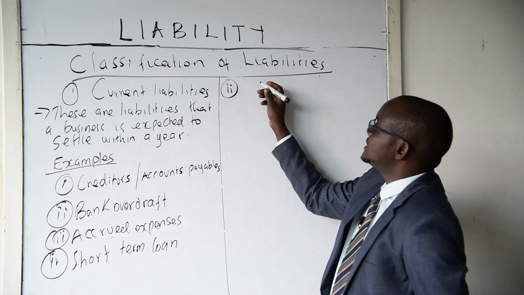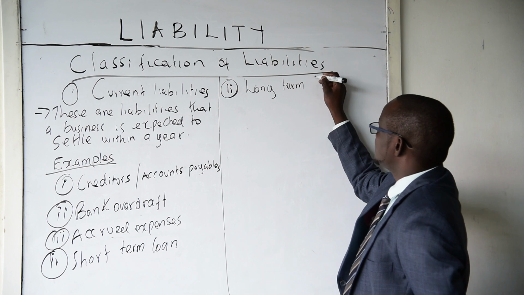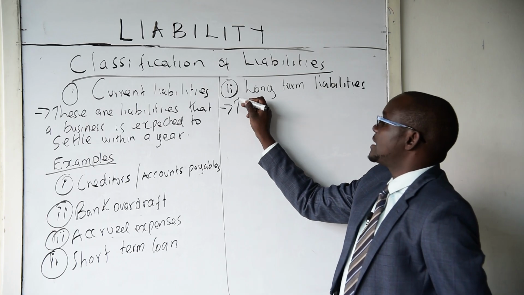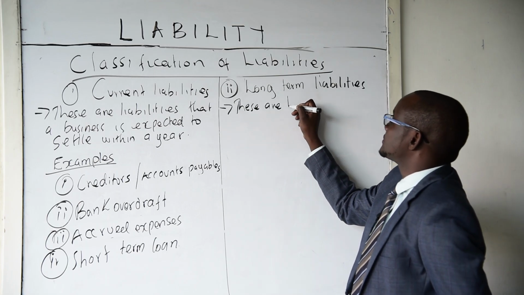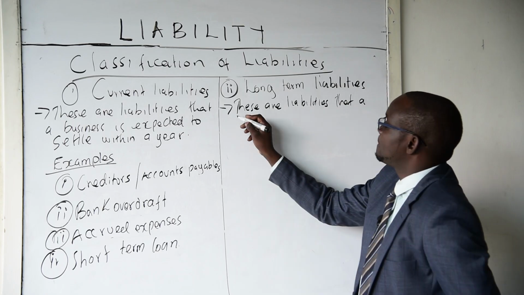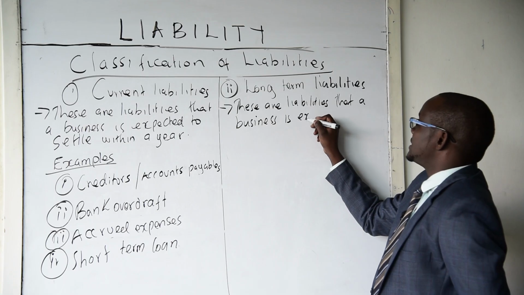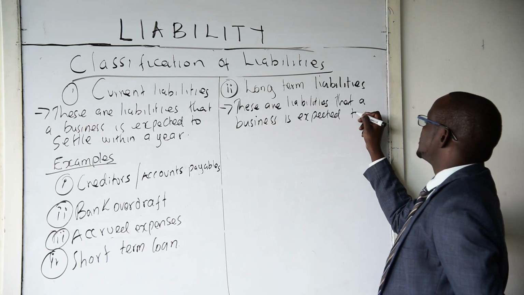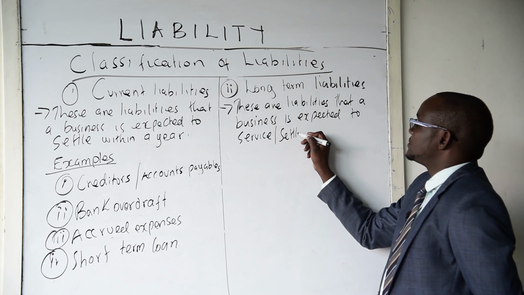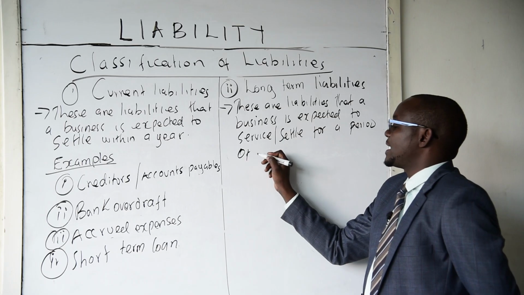The other category of liabilities is what we call long-term liabilities. And these are liabilities that a business is expected to service or settle for a period of more than a year.